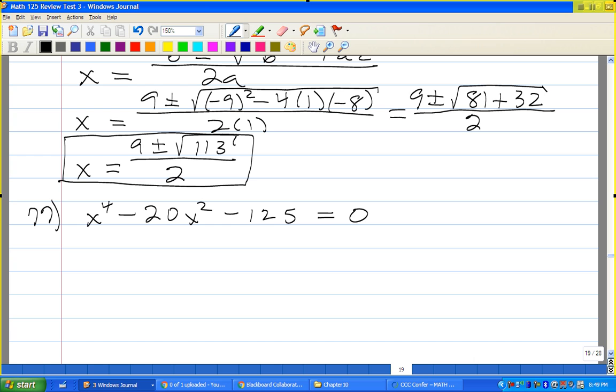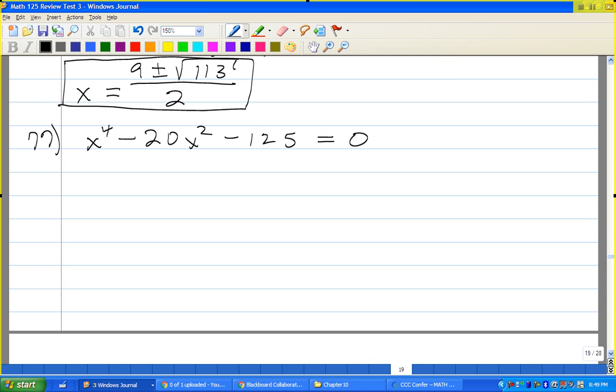And so let me try to factor this, if at all possible. Okay, so I want two numbers whose product is 125 and whose difference is 20. So 25 and 5.